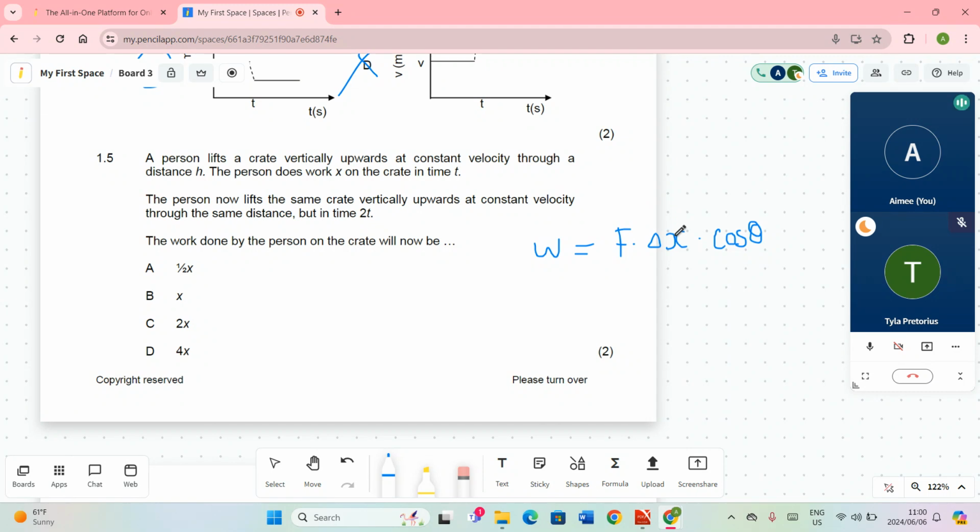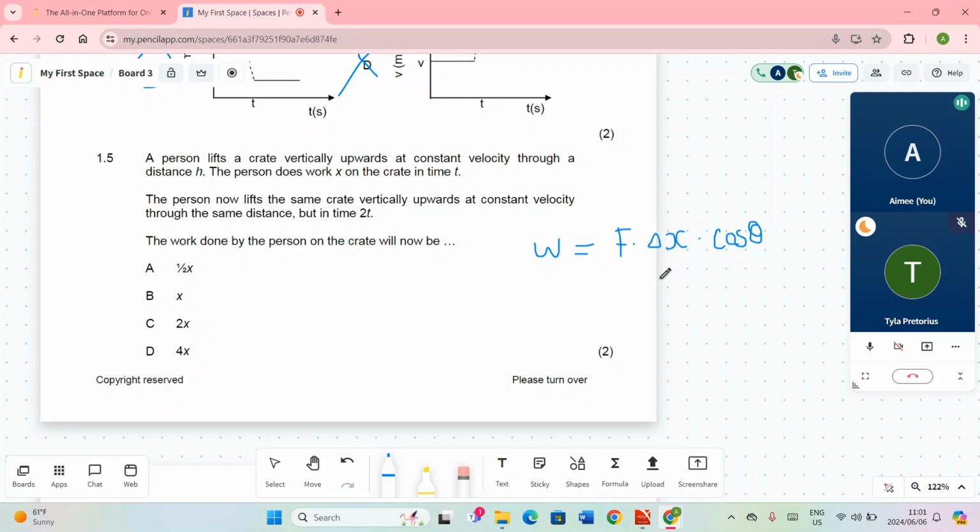Okay? So, can you see time as a factor anywhere in this formula? No. The only factors affecting work are the magnitude of the force, the magnitude of the displacement, whether it be vertical or horizontal, and the angle between these two factors.